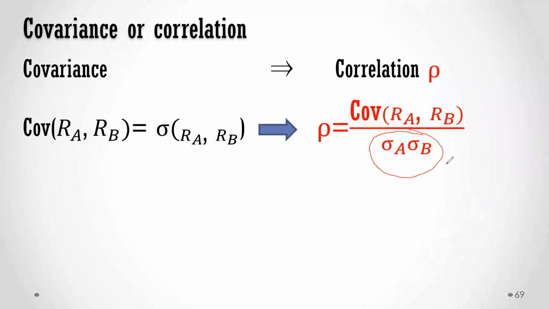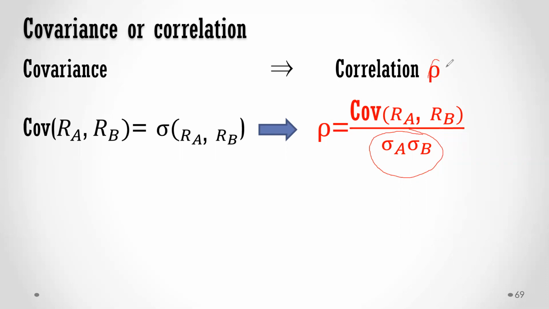I think this is a convenient number because, as I will explain later, if we standardize the covariance by the product of sigma A times sigma B, we can get a very beautiful number, which is called the correlation.